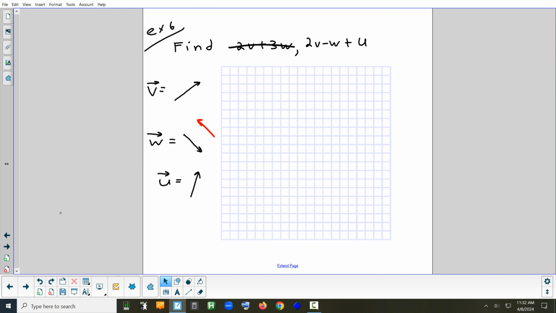Okay. What's the first thing that I need to put on my grid? I do 2v first. Yeah, we need 2v. So let's make a copy of it. I'm going to start here and there. Okay, there's 2v. What do I need on the end of 2v?